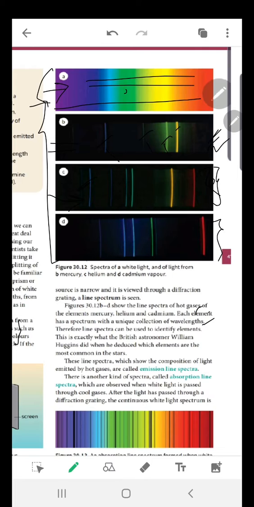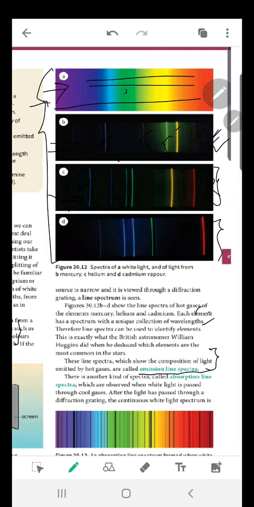These line spectra, which show the composition of light emitted by hot gases, are called emission line spectra. So what is an emission line spectrum? It is the line spectrum formed when we observe the composition of light in that particular element.